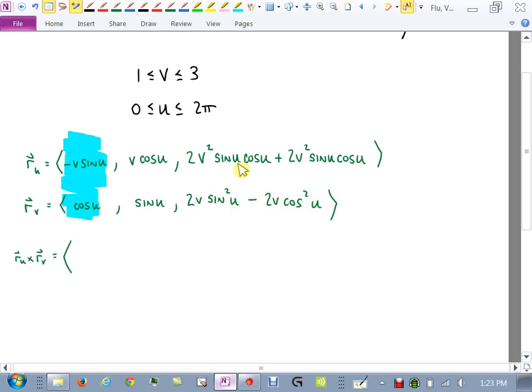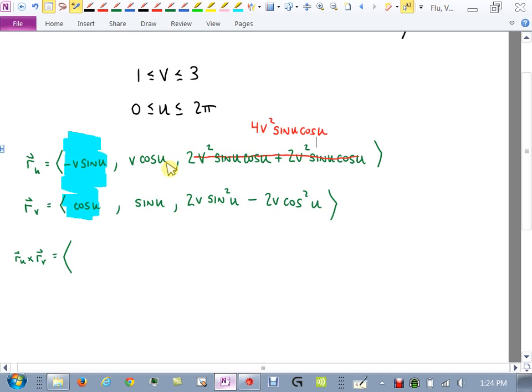This one I can't. Can I clean that one up? No, can't clean. Well, oh, they're the same thing, aren't they? Aren't those the same? Maybe I should simplify that first. Yeah, let me simplify that first. 2V squared sine U cosine U plus another two of those is 4V squared sine U cosine U. Yes, you could use a double angle identity and stuff there, but I'm not going to. I'm just going to keep it.